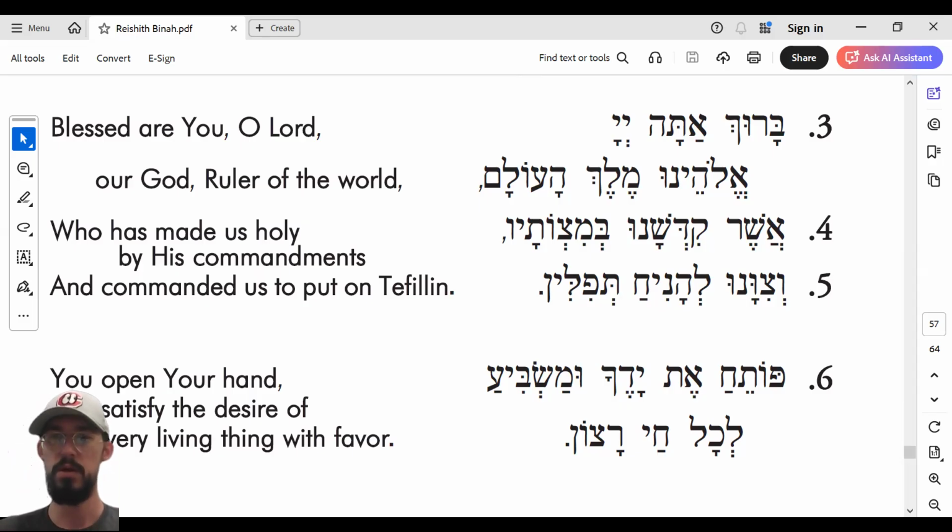So here, hopefully you can see the mixed vav, right? You can see the vav acting as the consonant, and the cholam maleh is there to act as the vowel for the vav that precedes it. But it doesn't have to be this way.